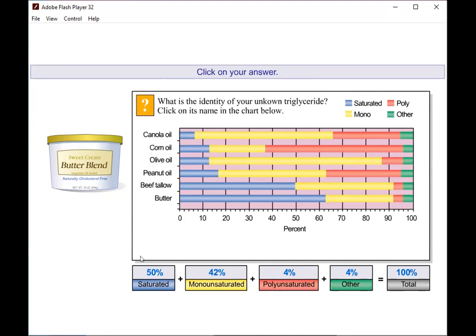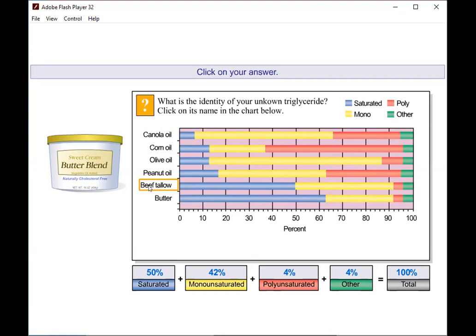So going by the colors, 50% saturated is looking for 50% of the blue. So what goes to 50% on the beef tallow is 50% here of the saturated fat. And then let's see, there's also about 42%. Yep, that goes from 50 to 92 of the monounsaturated, the yellow. And then you have the polyunsaturated and the other.